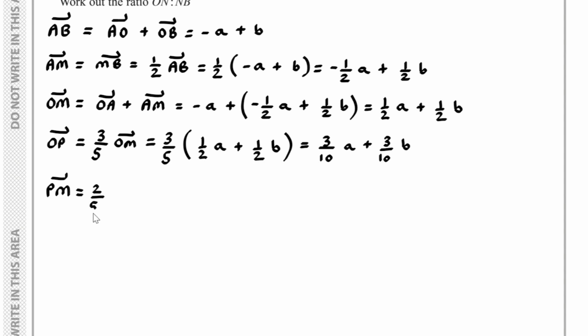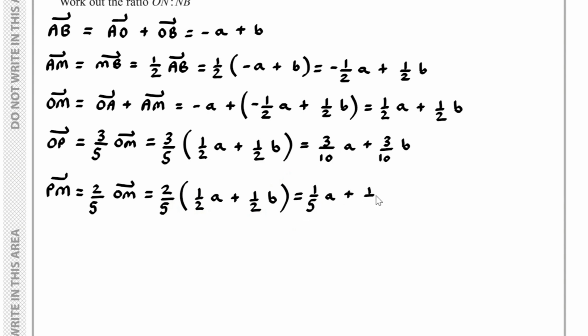That's 2/5 of OM. So I've got 2/5 of 1/2 A plus 1/2 B, which is 1/5 A plus 1/5 B.